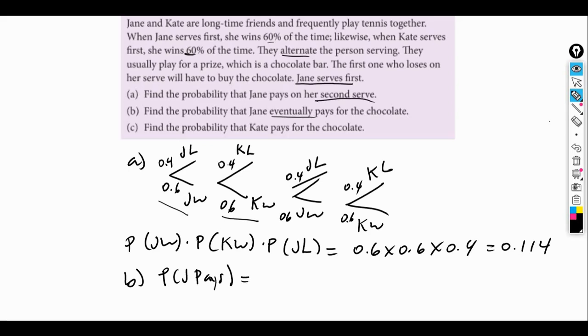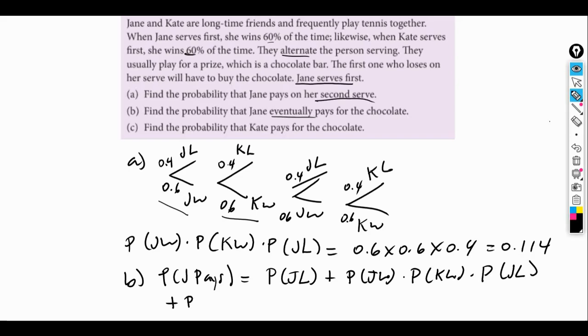would be the probability of Jane losing in her first serve, or the probability that Jane wins, and then the probability that Kate wins, and then that Jane loses. Or, and this continues on, right?